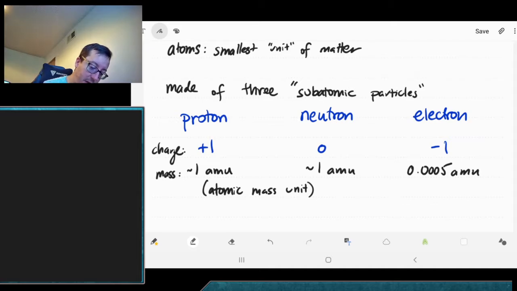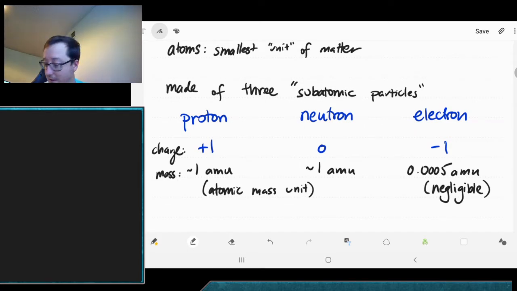We often will consider this negligible, because no matter how many electrons you have, generally we're going to see it's the same number as protons. The mass of electrons is not even within the ballpark of the mass of the other two. And so when we're talking about atomic mass and all that, we're really only looking at protons and neutrons, because the electrons weigh so little. They're so much smaller than the others.